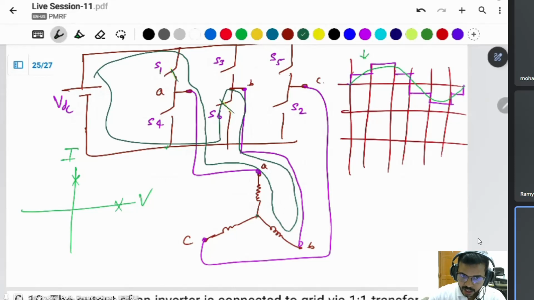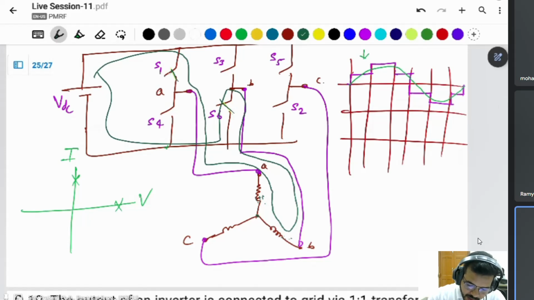Now you can take phase-wise voltages VA, VB, VC. VA is VDC by 2, because these two legs, two arms, are connected in series. Then VA is equal to VDC by 2, VB is equal to VDC by 2, like that.